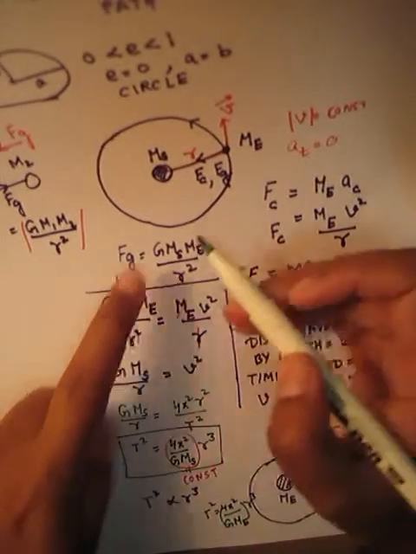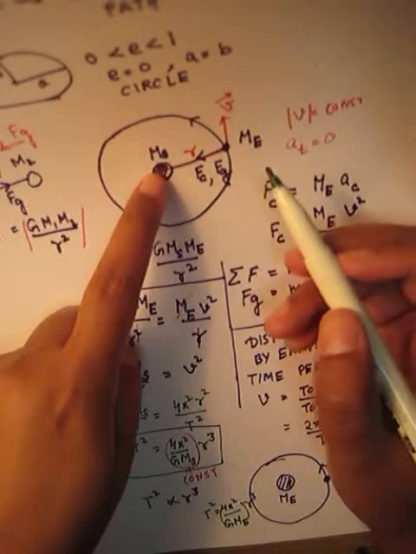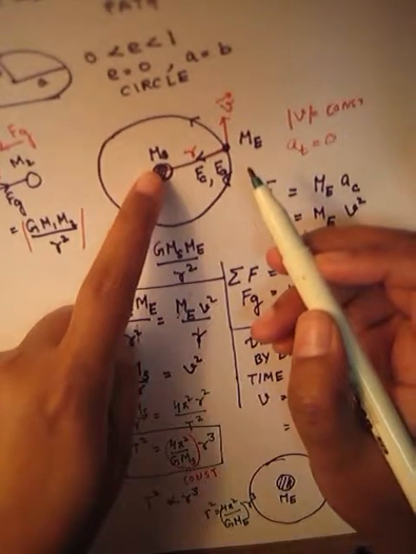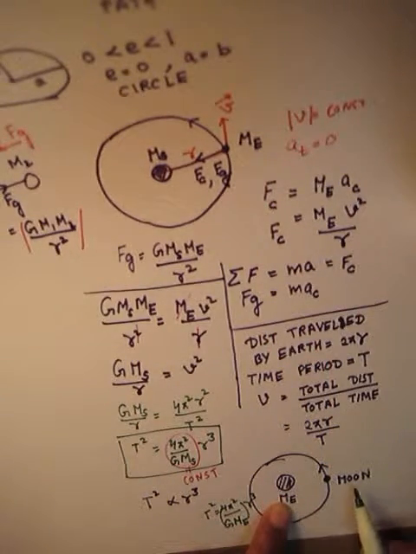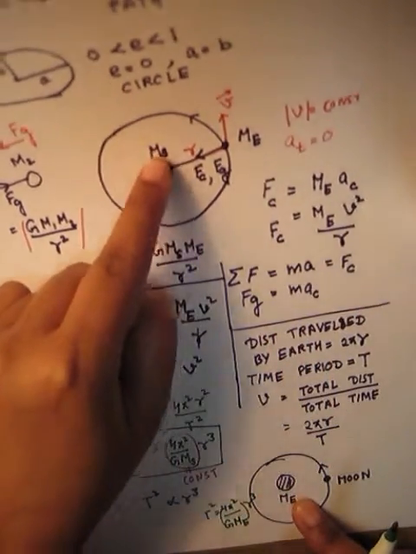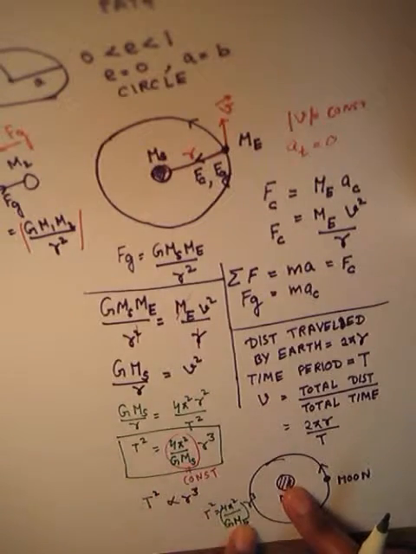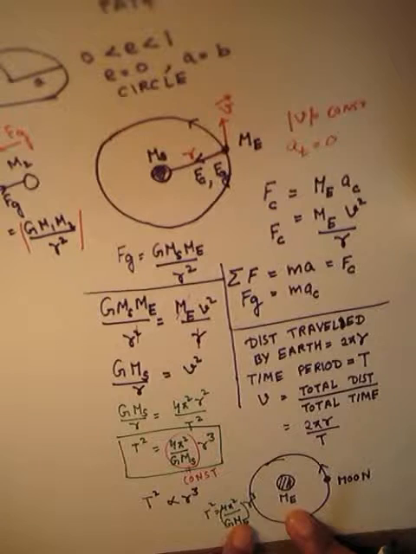Because in the earlier case Sun was at the center and Earth was moving, while here Earth is at the center and Moon is moving. The role that was played by Sun there is played by Earth in this situation. Then this will be the relation, and M_S will be replaced by M_E.